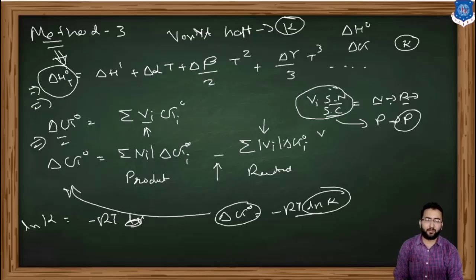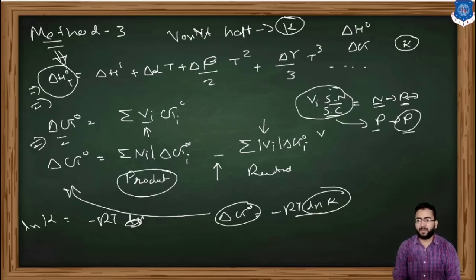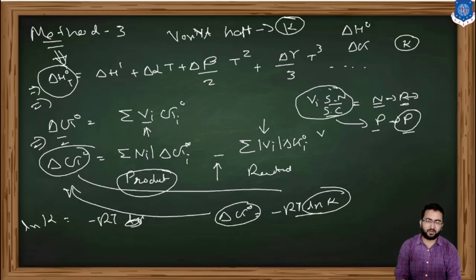The stoichiometric number is negative for the reactant and positive for the product. So the Gibbs free energy of all products minus the standard state Gibbs free energy of reactants gives delta G naught, and putting this value of delta G naught in this equation, we will get the value of ln K. So this is how we can find the value of ln K.